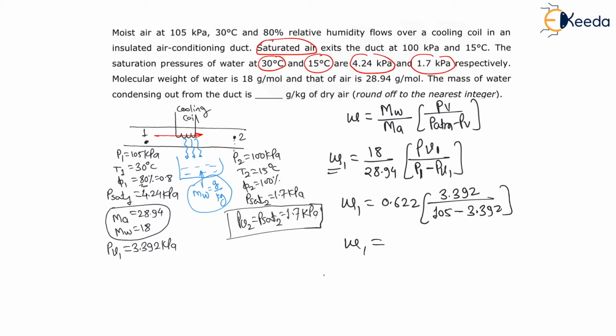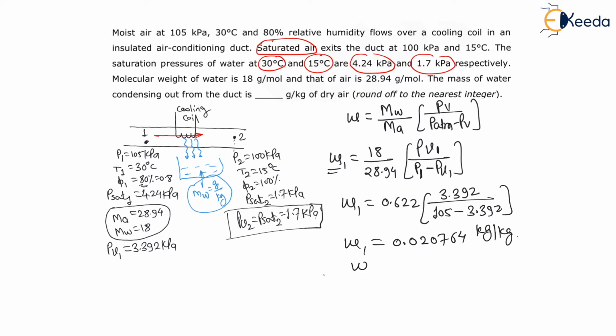Therefore, if I calculate, specific humidity 1 will be equal to 0.020764 kg per kg. This answer will be in kg per kg. Don't worry, at the end we will convert it to gram per kg.